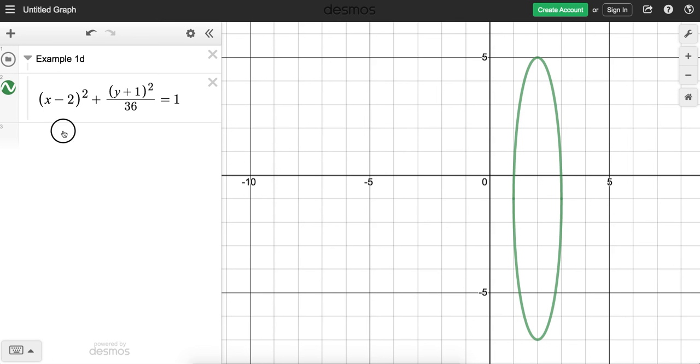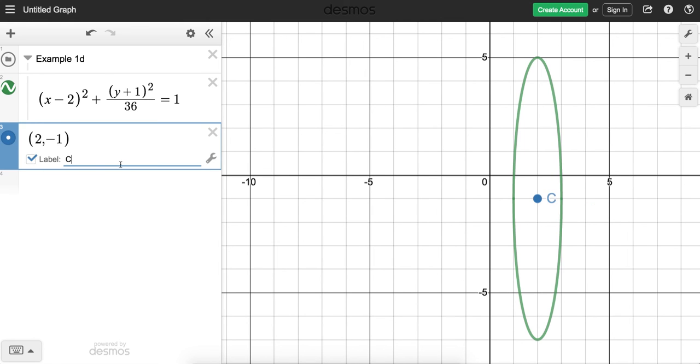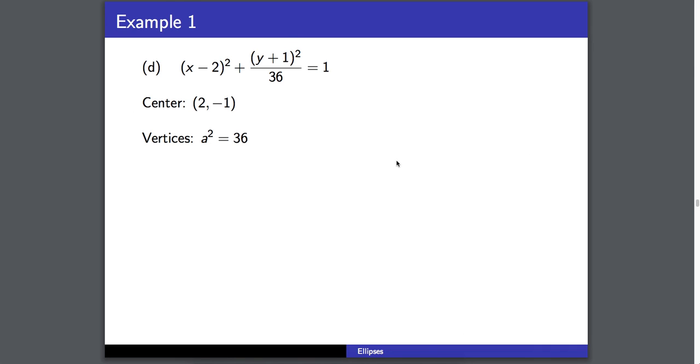So let's go ahead and plot that point, (2, −1). And again, everything I'm doing on Desmos, you can still do on graph paper and all that. So we'll label our center C. And our vertices and foci are going to be going above and below the center because it is a tall ellipse. So to get the vertices, we have a² is 36, which makes a ±6.